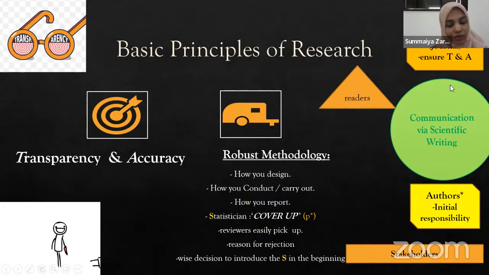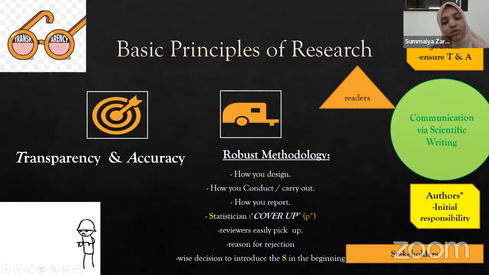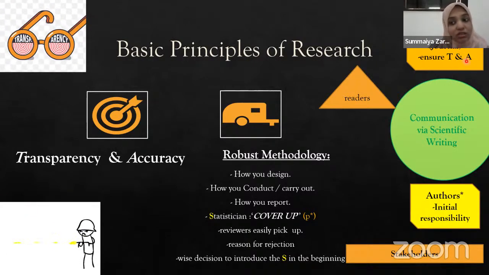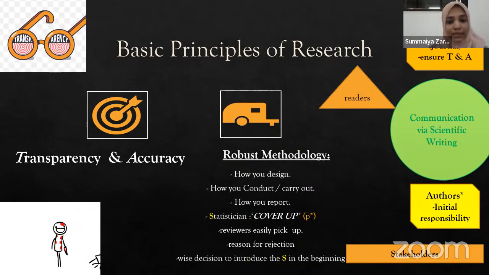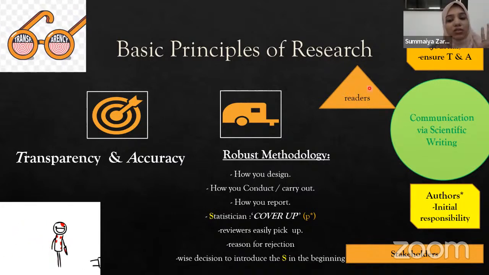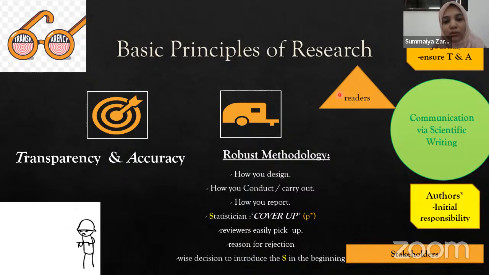But to ensure that the authors have published or stated facts which are transparent and accurate, the reviewers have a different job, where they scrutinize the manuscript or these facts from top to bottom, and then present it to the readers. The readers encompass the authors, reviewers, and other stakeholders also. So it is an umbrella term.